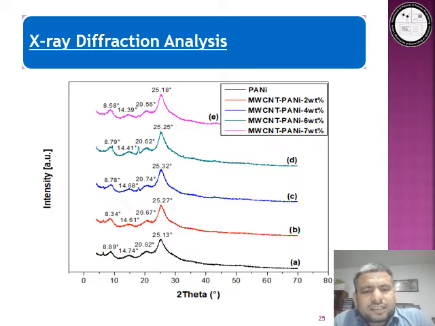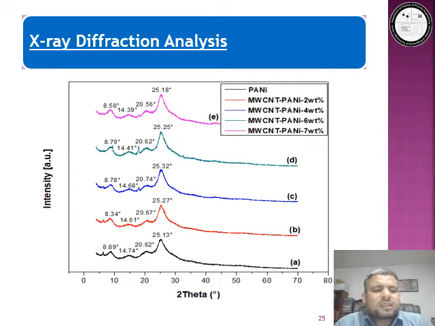The intensity of these peaks is comparatively high compared to pristine PANI, owing to structural ordering of the PANI on multi-wall carbon nanotube surfaces. So it also confirms the adhesion between PANI and multi-wall carbon nanotubes, as confirmed by SEM images.